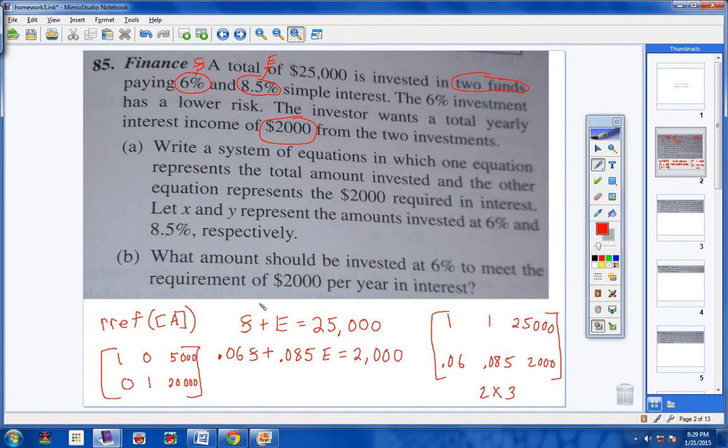Remember, your S's came first, then your E's. So your 6% came first, so here's your 6%, and here's your 8.5% right here. So how much money did you invest at the 6%? $5,000. That's how much you invested in the 6% fund, $5,000. Okay, hope that makes sense.